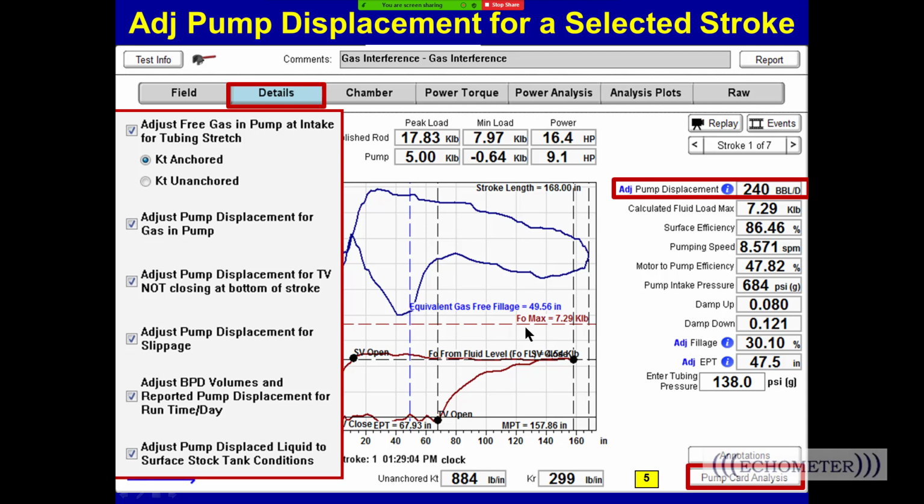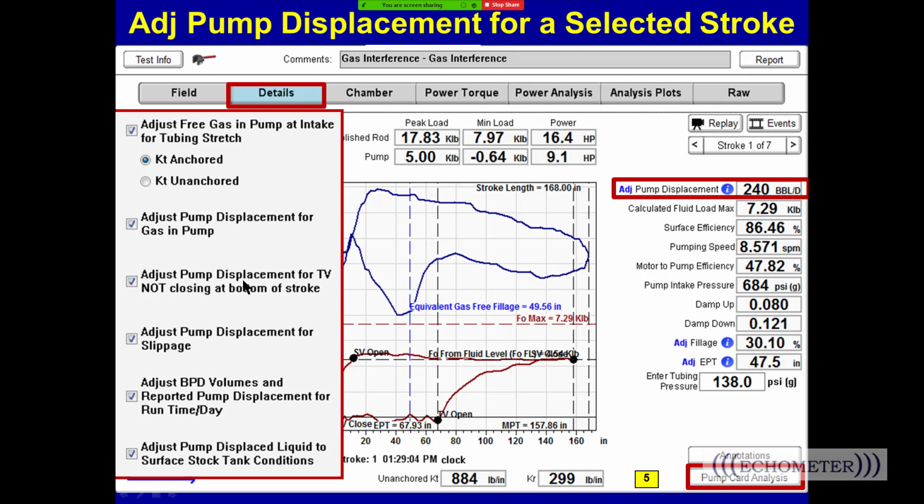When we click on this pump card analysis button, we have options inside this software to adjust for unanchored tubing, which uses whether you anchored your tubing or not based on your input, and to adjust for the gas that's free inside the pump, this distance right here, and adjust for the delayed closing of the traveling valve.